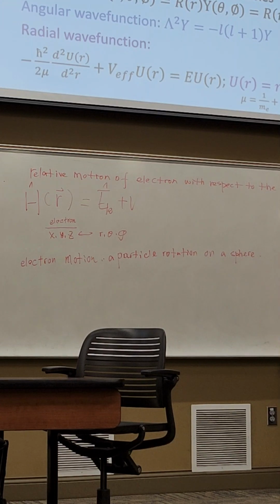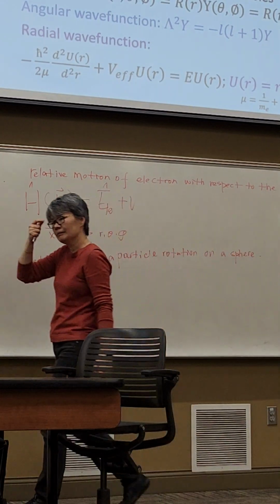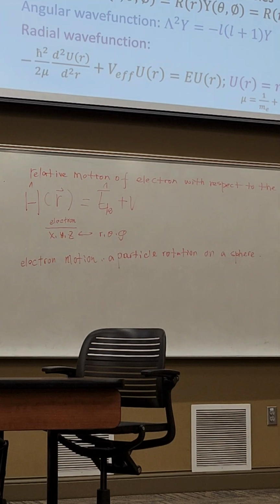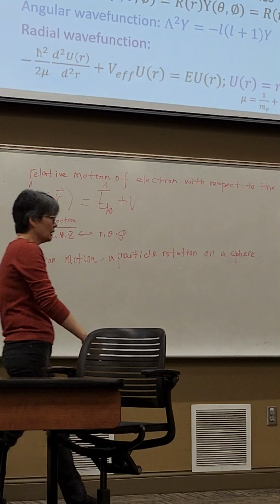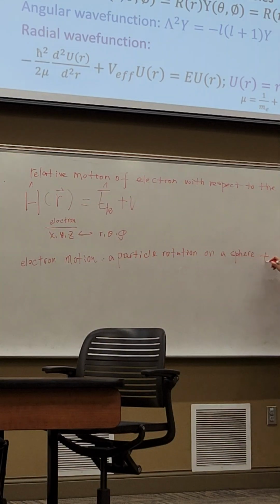You can consider this motion as the electron, a particle, rotating on a sphere. If this is the system, the motion of the electron on the sphere has a fixed radius, but that's not the case here.